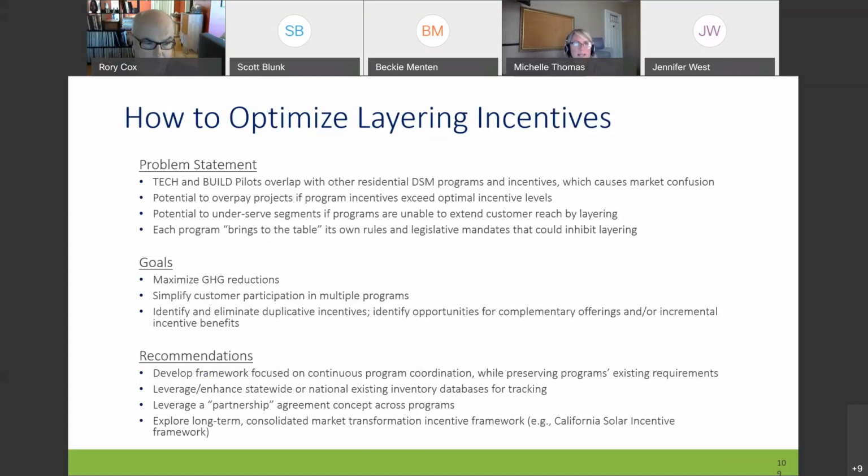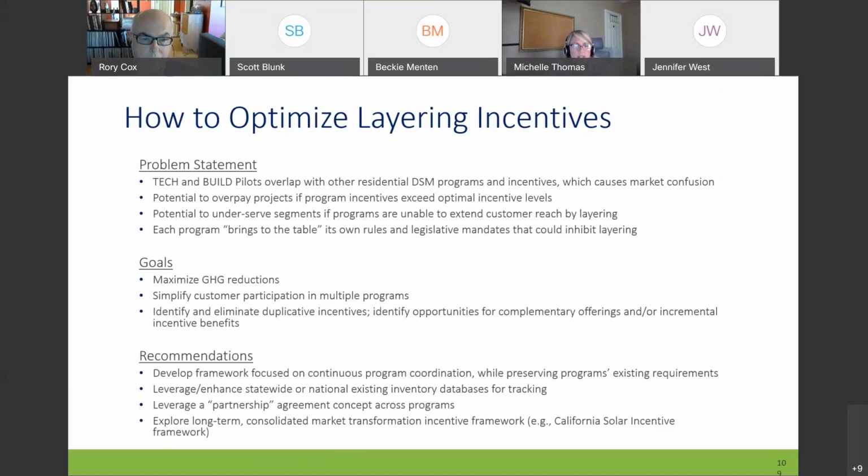So the problem statement: tech and build pilots are going to overlap with several residential DSM programs, which will cause market confusion. Potential overpaying of projects, we want to avoid that. We want to make sure we maintain and get the value for the least cost. Also focusing on underserved markets that we're unable to reach with certain programs, or if we're unable to move the market, leveraging additional programs.